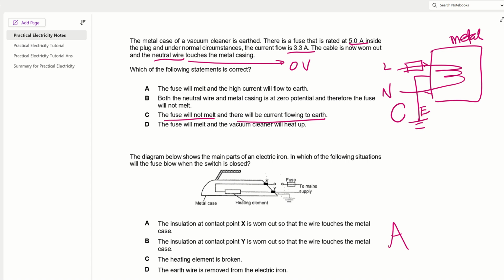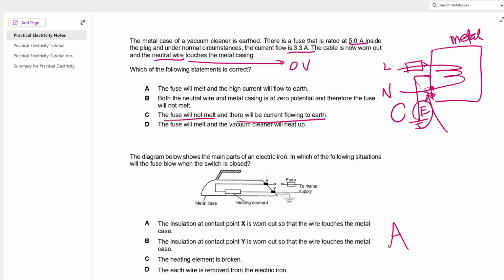So current flows into the appliance. Then when it comes out here, it is actually touching the metal case because of the electrical fault that the neutral wire is frayed. So the current will flow through the metal case and into the earth wire.